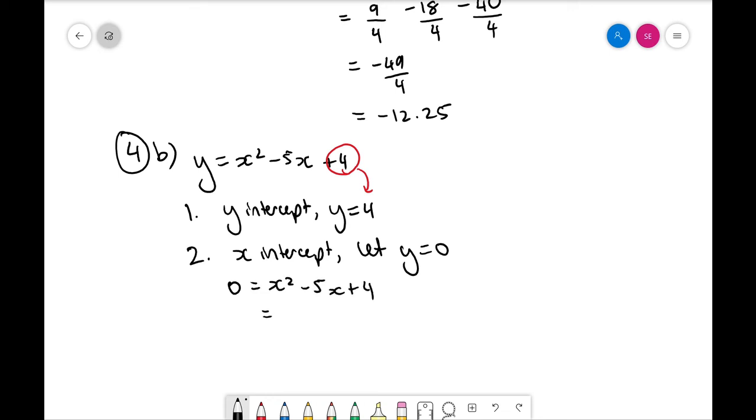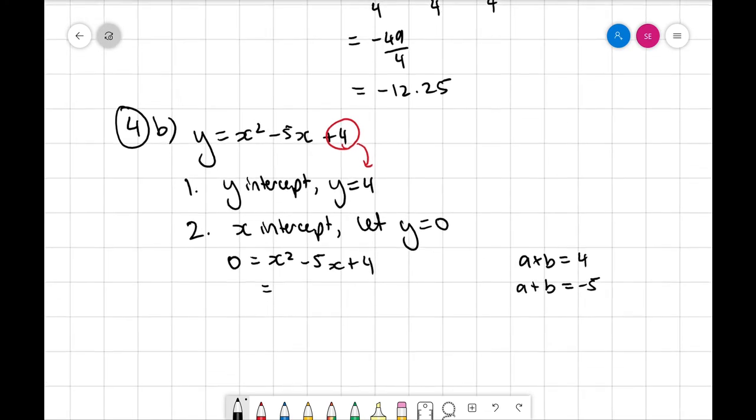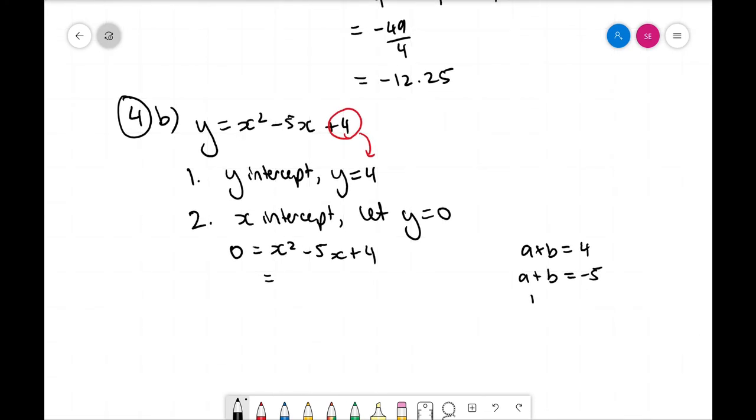And then again, we've got to factorize. So we need a times b is equal to 4, and a plus b is equal to minus 5. So we got 1 and 5. Oops, that's not correct. 1 and 4, and 2 and 2.